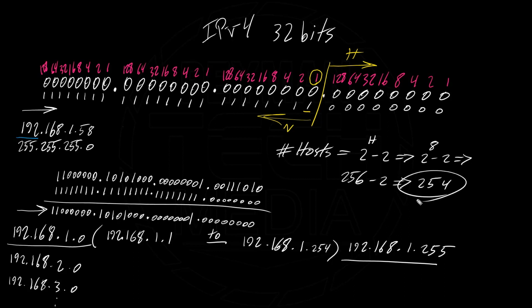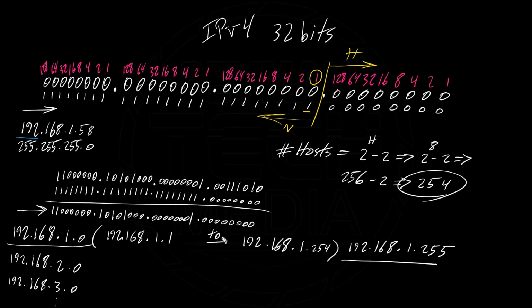So we have 254 available IP addresses for class C. Looking at the IP address 192.168.1.58, this is an example of an IP address in this network. The network address is 192.168.1.0. So this 1.58 should be in this range, 1.1 to 1.254.